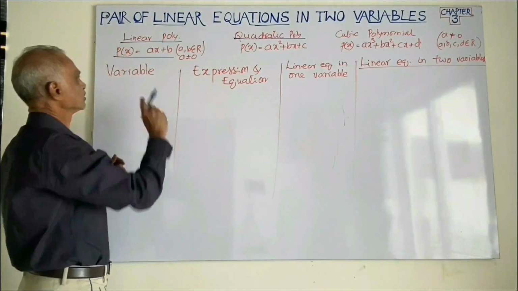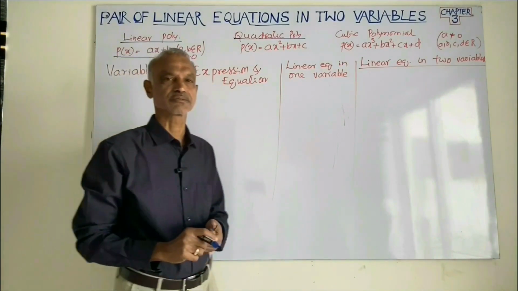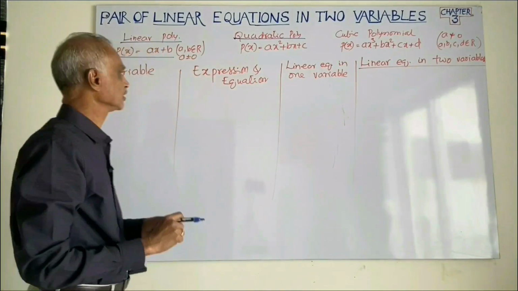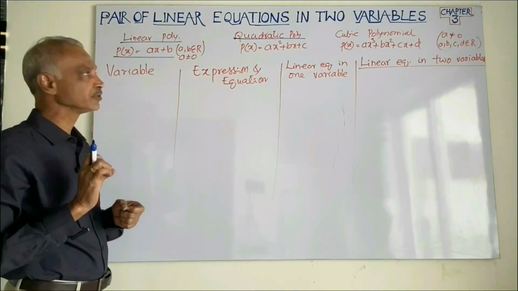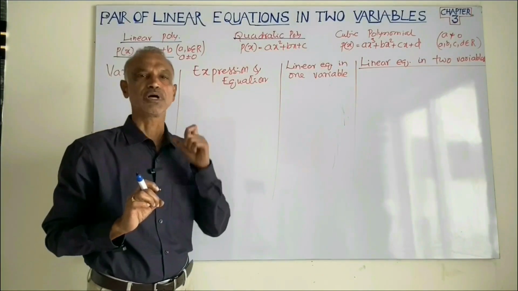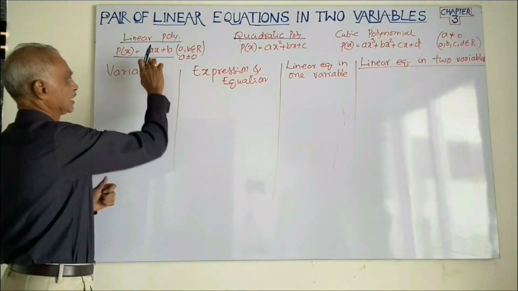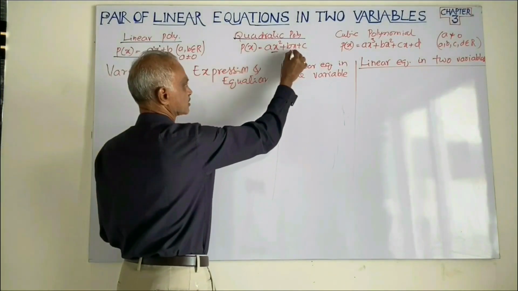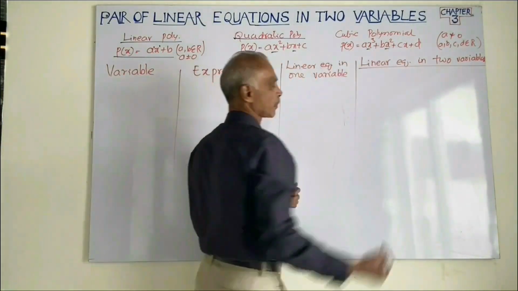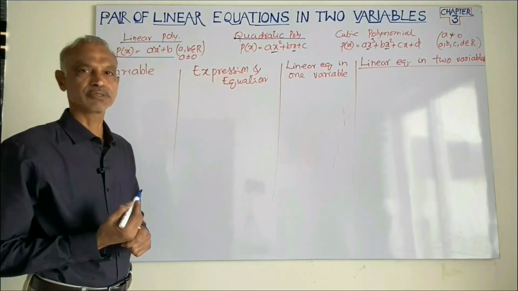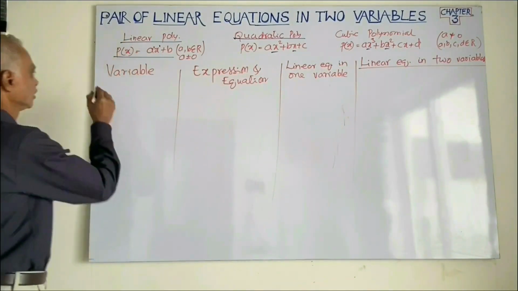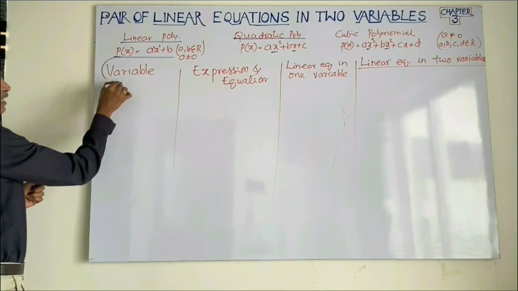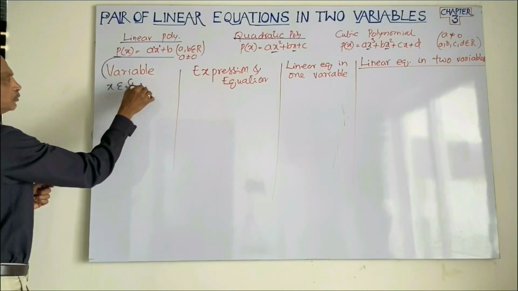See, what do you observe in all these polynomials? What is the variable you have in these polynomials? x is the variable here. Variable means it varies.